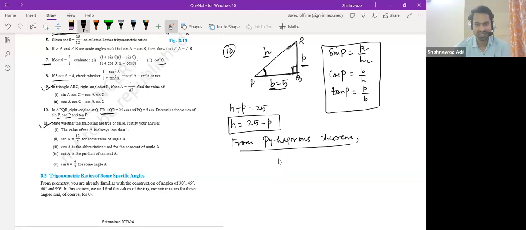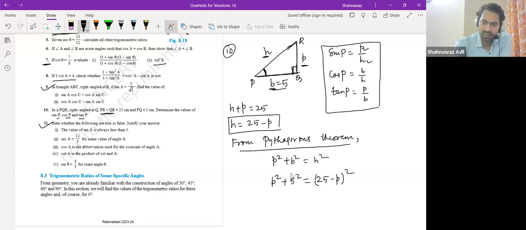This question is directed to you. P square plus B square is equal to H square. And what do we know? We don't know P, so let's write P. And B we know, this is 5 square. And H is 25 minus P, so this is 25 minus P square. Right, guys?